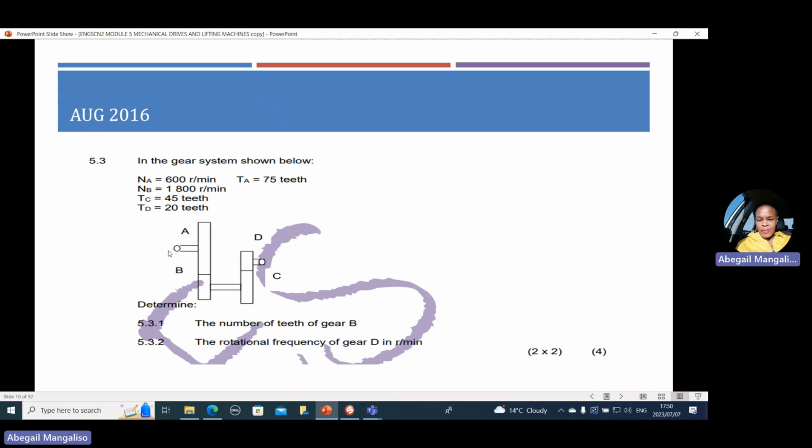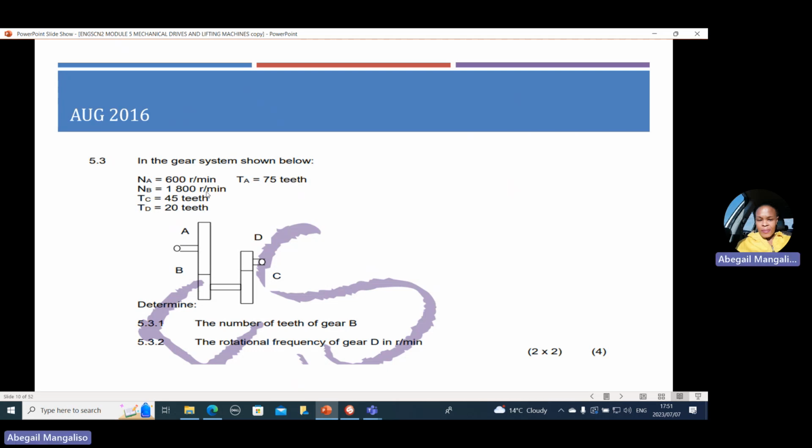Sometimes they will say the input shaft. Remember, the input shaft is where the first gear is mounted. So if you are given the rotation of the input shaft, it means the gear that is mounted on it will have the same rotation as the shaft. NB, gear B is this one that meshes with A. This is how the gears that are in mesh are symbolized. A is larger than B, and they are in mesh.